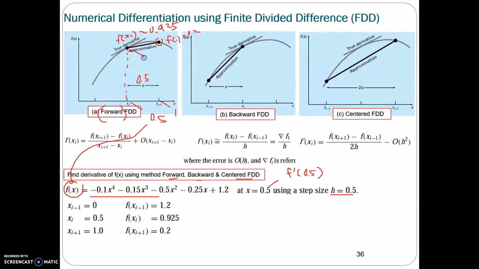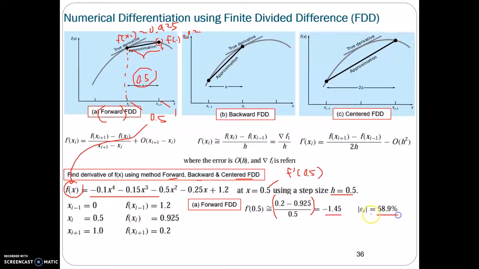Then you can find the step size here to be 0.5. Then find the delta y here to be 0.2 minus 0.925. Then you should obtain delta y divided by delta x to be this formula. And after you calculate, you should obtain the derivative equal to this answer. And if you compare to the actual answer, the error is equal to 58.9%.